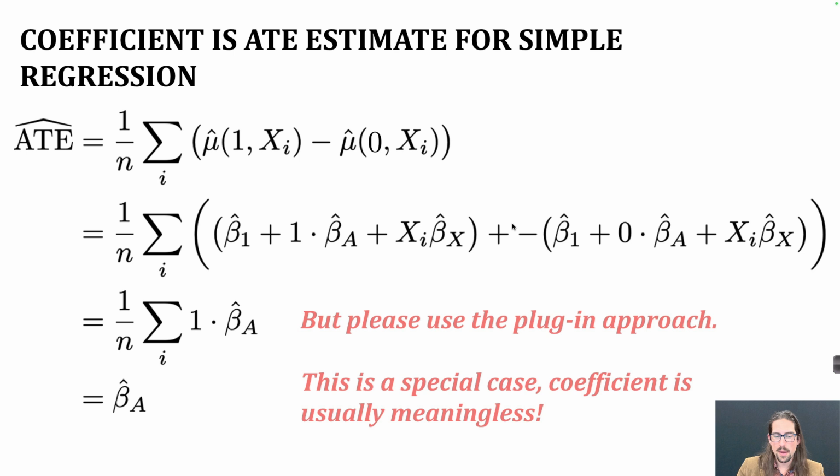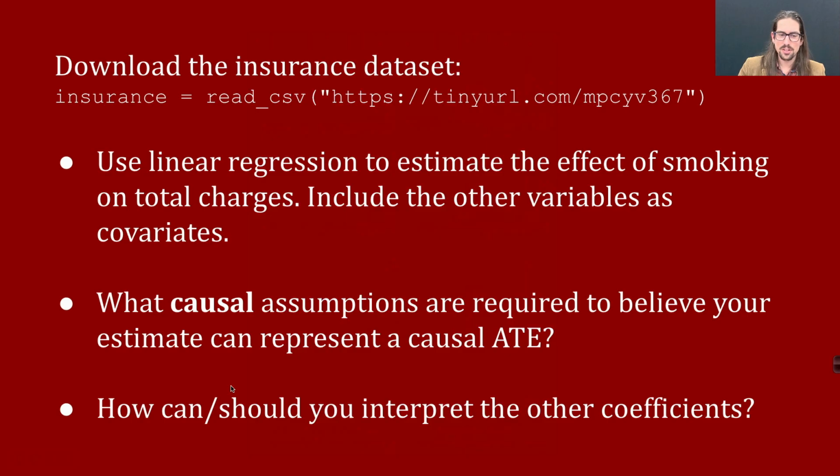I mean, you can work it out mathematically if you want. It's always going to be some function of the different coefficients, but the easiest way is to just take the difference of the predictions. It's so simple. So why are people always trying to look at these coefficients? It's crazy. Okay, so let's do this with the insurance data set.